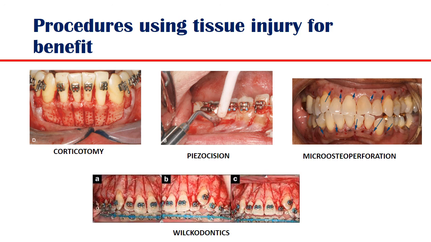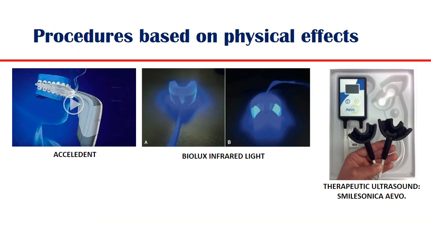Piezocision, small marks that you give to cause that regional acceleratory phenomenon. Micro-osteoperforation, again the same thing, where you perforate the bone with very small incisions. Orthodontics, again, where you make a segment of each tooth. So these are all acceleratory phenomena.